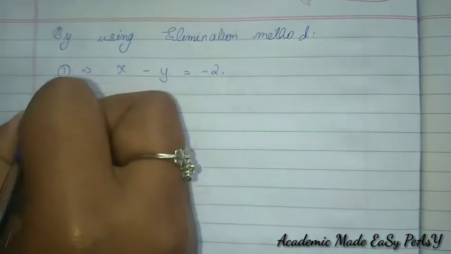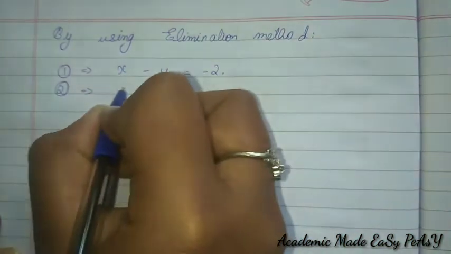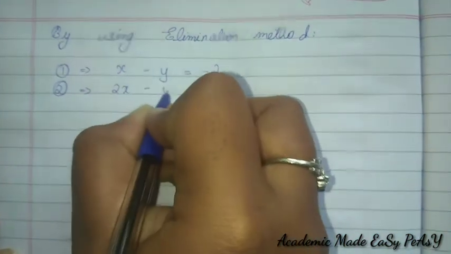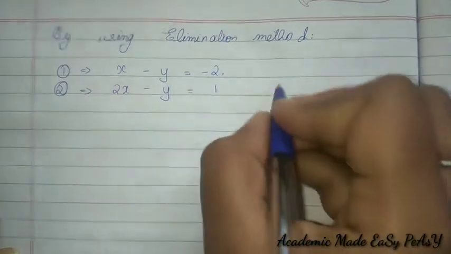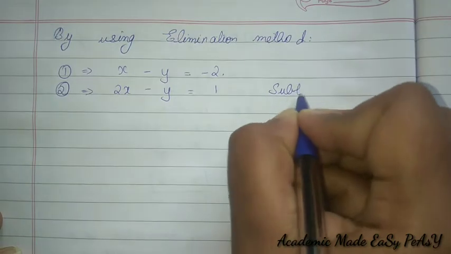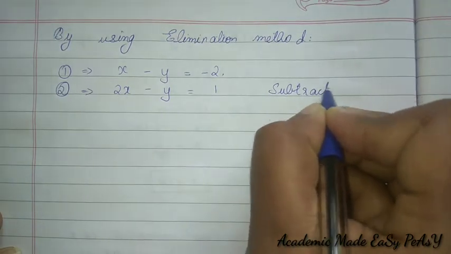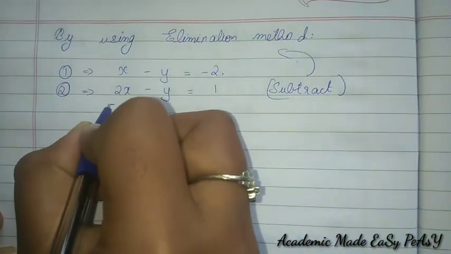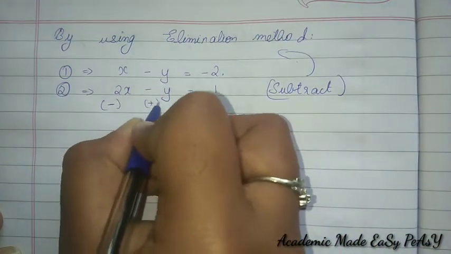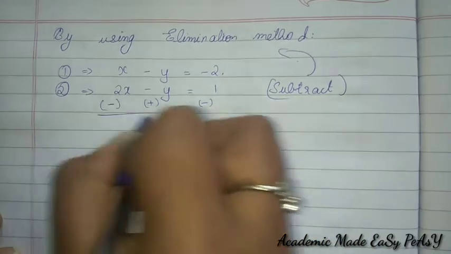Equation 2 implies 2x minus y is equal to 1. In order to eliminate, I will be subtracting, and you have to mention it over here. So I will be changing the signs: minus will become plus and plus will become minus.